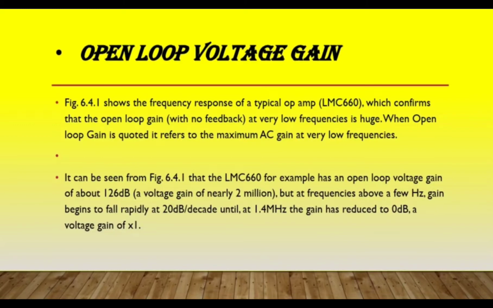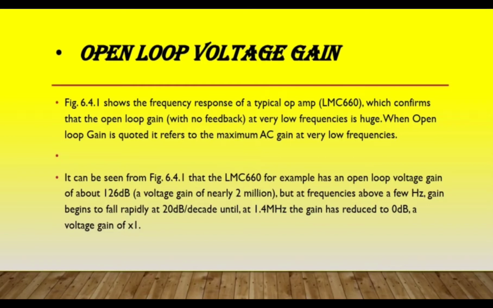Open loop voltage gain. Figure 6.41 shows the frequency response of a typical operational amplifier, the LMC660, which confirms that the open loop gain with no feedback at very low frequency is huge. When open loop gain is quoted, it refers to the maximum AC gain at very low frequency.